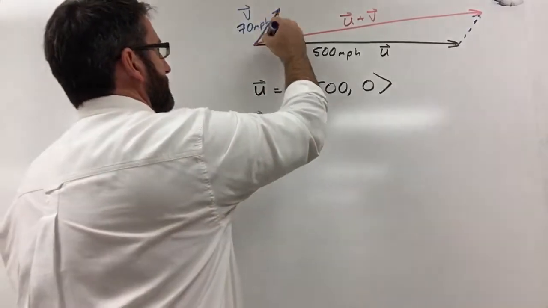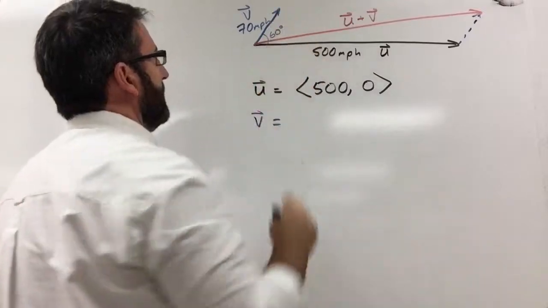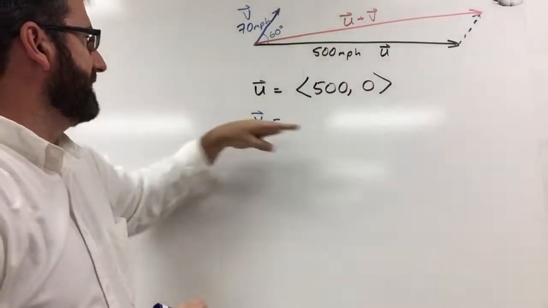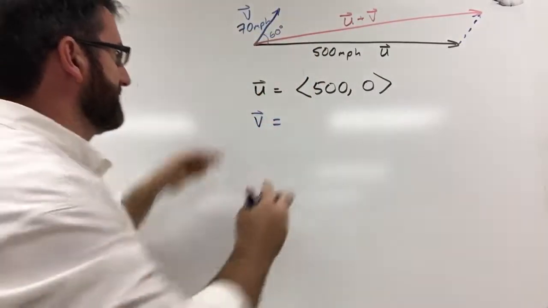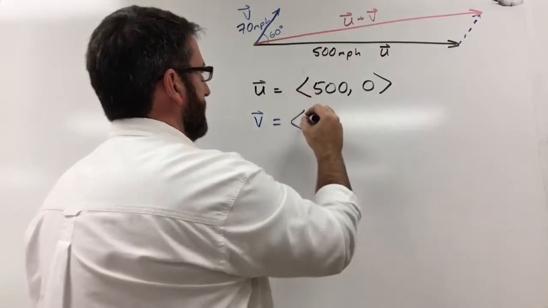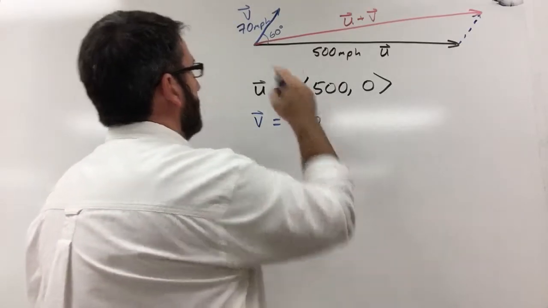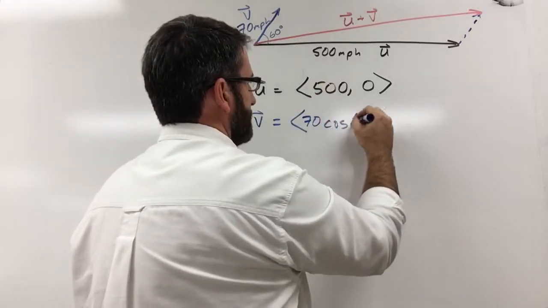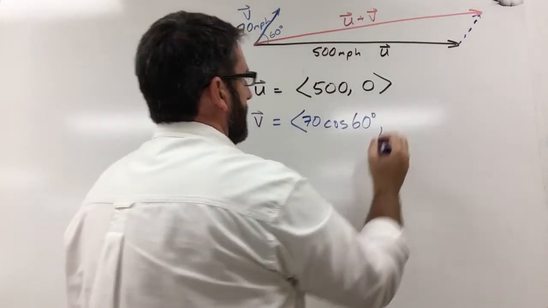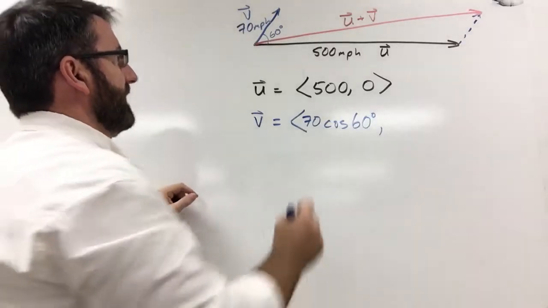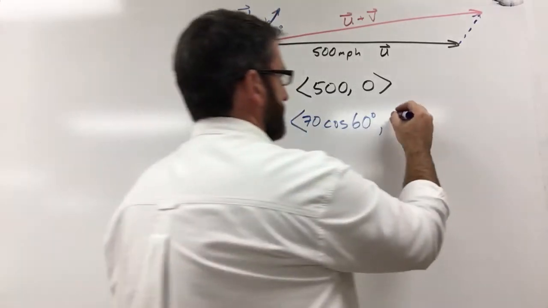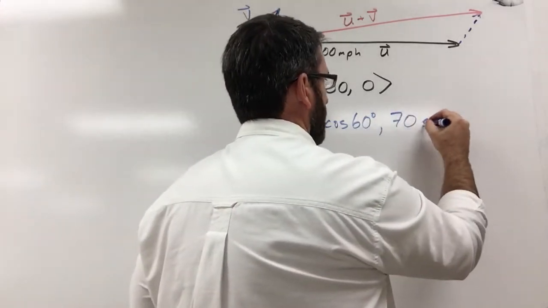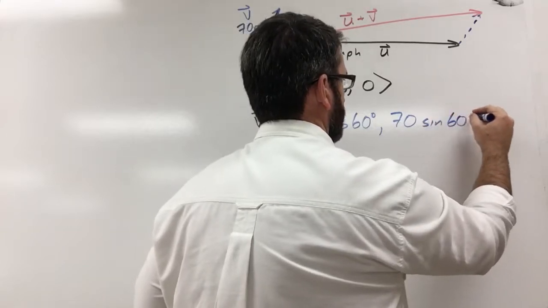This is 60 degrees here. In the horizontal direction, it's going to be 70, our magnitude, times the cosine of 60 degrees, and in the vertical direction, 70 times the sine of 60 degrees.